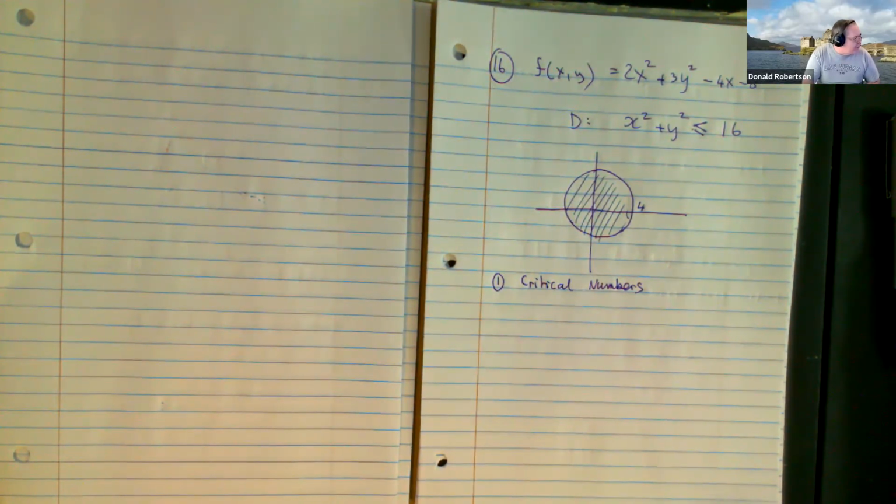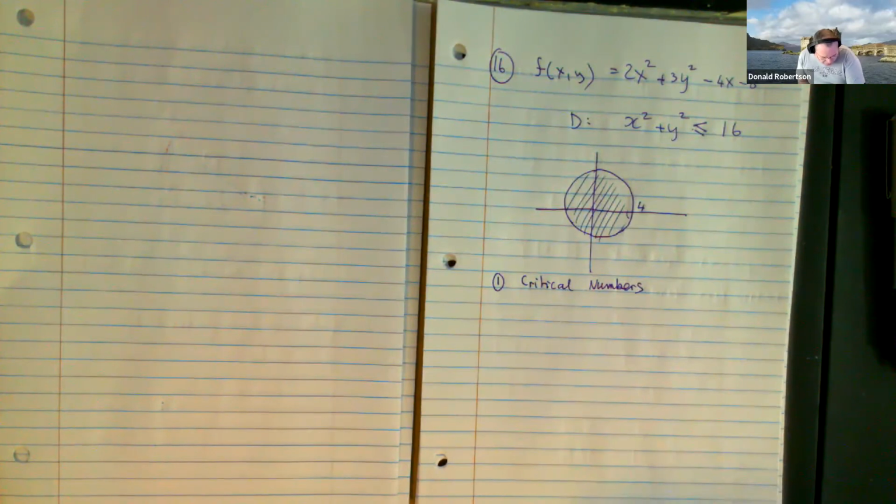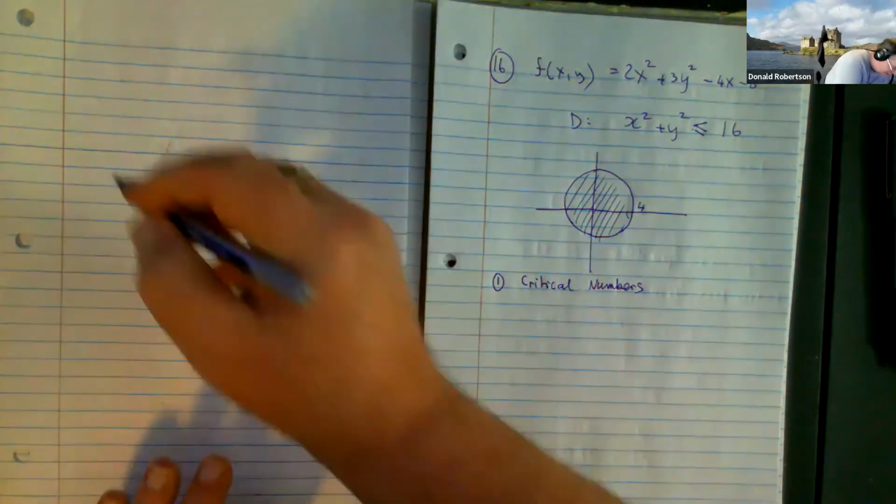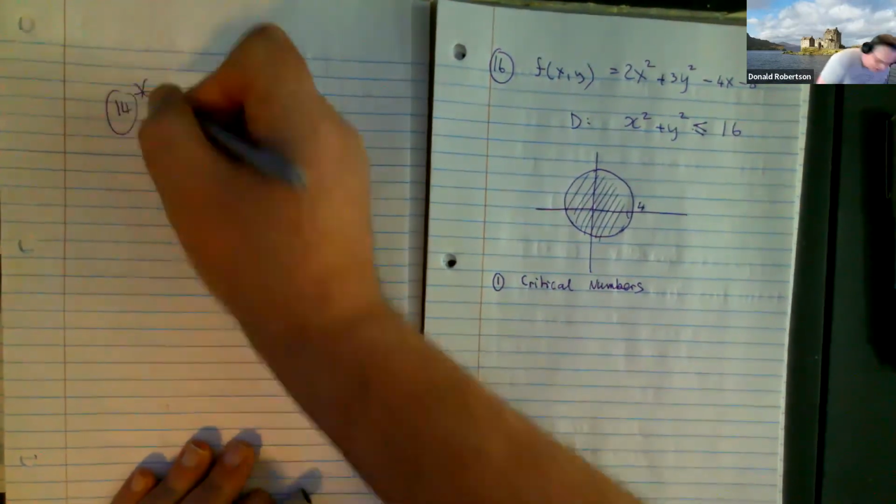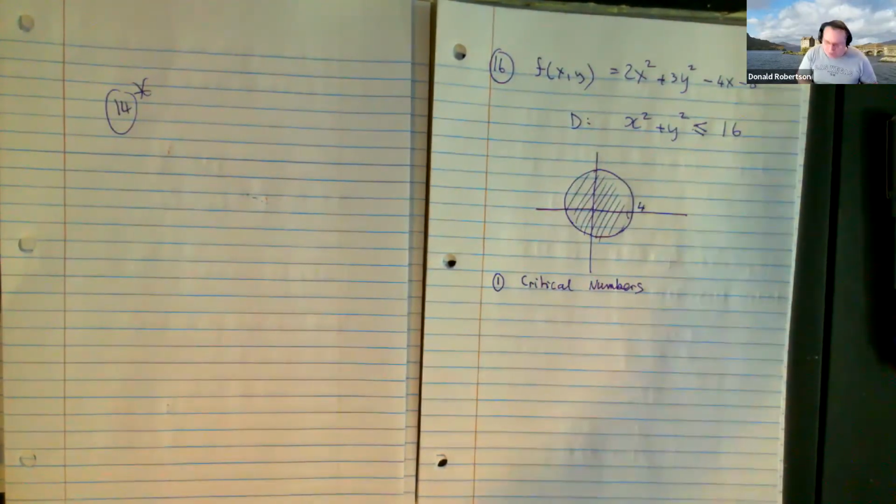I'm checking 14. Well, whatever answer you get to 14, will you just write the same answer for 16 if it's the same question? I guess I should just rub one of them out. I think I'll do that. I'm going to kill 14 because I'm on 16, right? Because it's the same question.